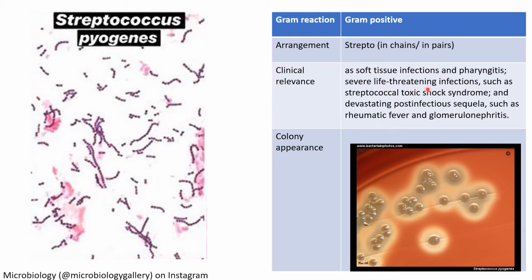severe life-threatening infections such as streptococcal toxic shock syndrome, and devastating post-infectious sequela or yung tinatawag nating an after effect of disease or condition or injury, such as rheumatic fever and glomerulonephritis.